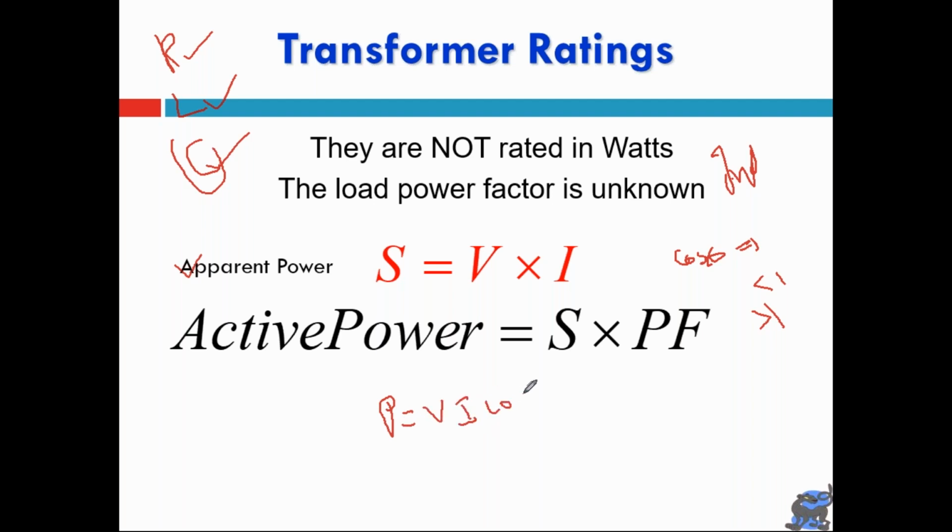I already told you, right? Here VI is nothing but the apparent power S, and this is the power factor. So this is the representation of active or real power. Keep these formulas in mind. S is the apparent power and it is equal to V into I. Active power, also called real power, is represented by VI cos phi.